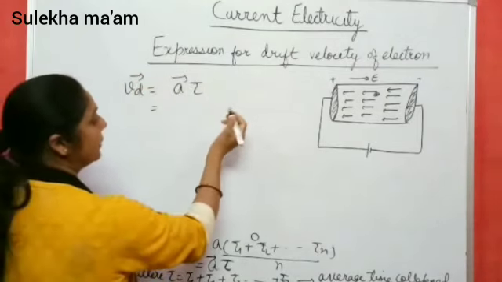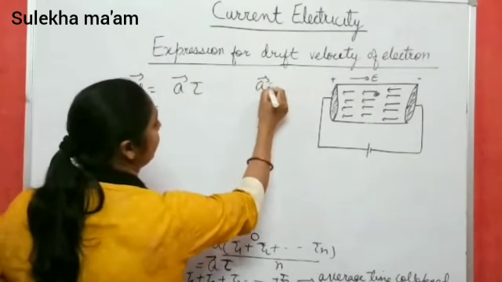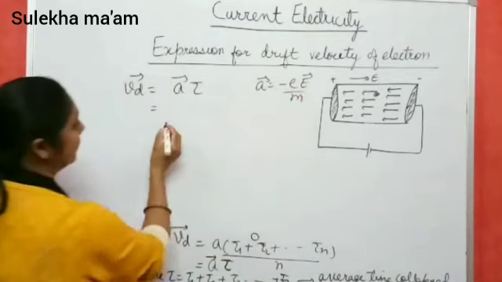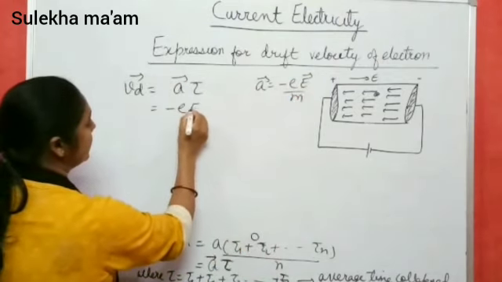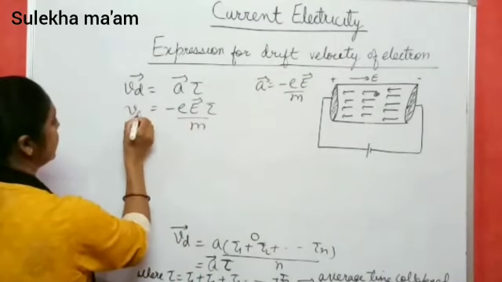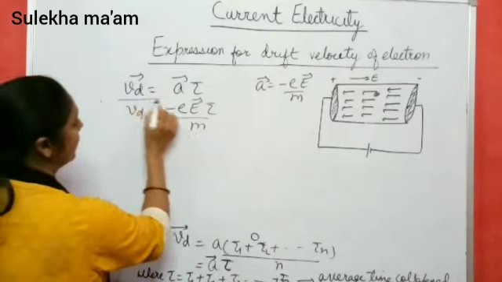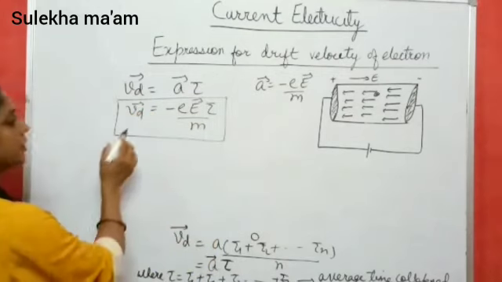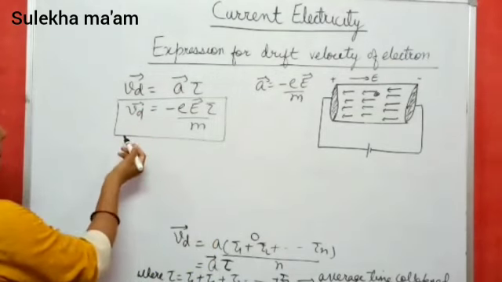In equation number 2 we have written A equals minus E by m. So you can write Vd equals minus E tau by m. This is the final expression for drift velocity.